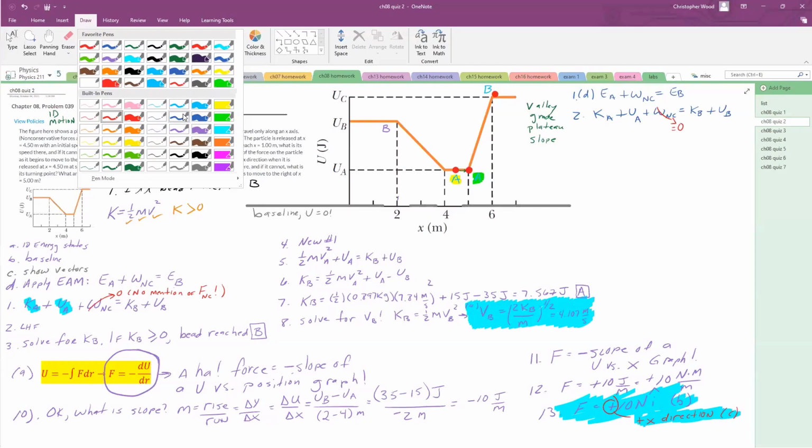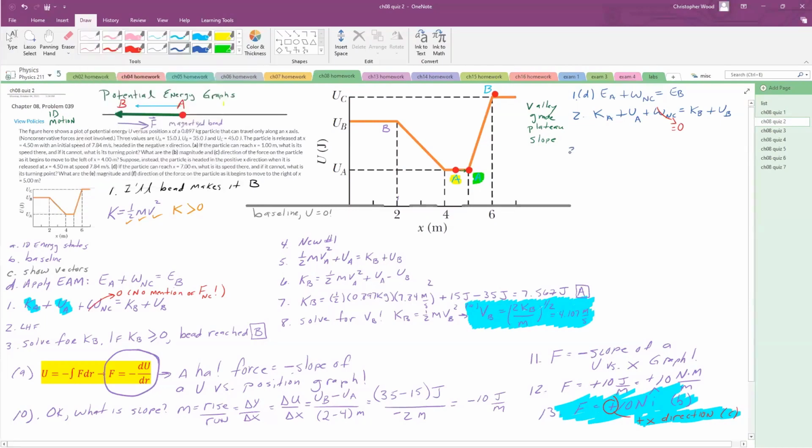So number 3, here we go. I'm going to isolate KB again. KB equals KA plus UA minus UB. KB equals KA plus UA minus UB. And here's the same thought process.